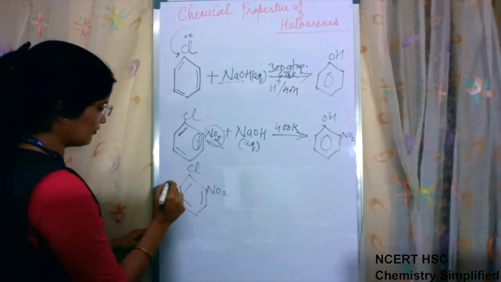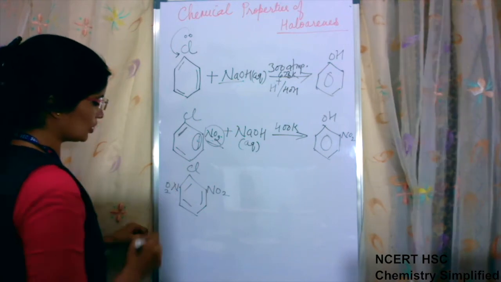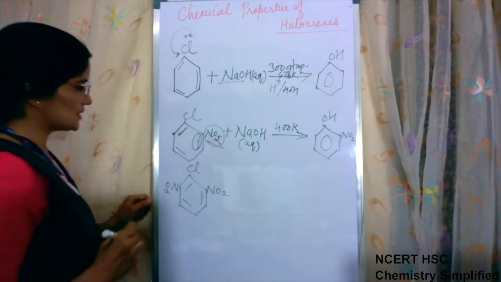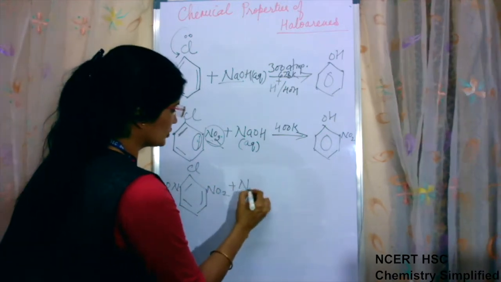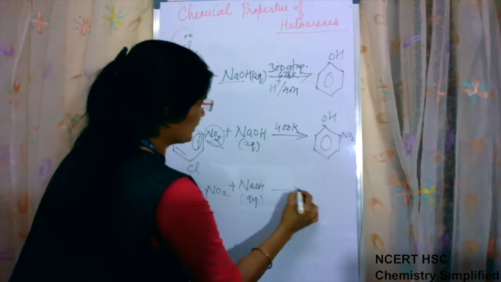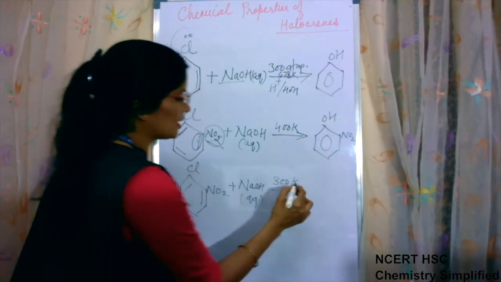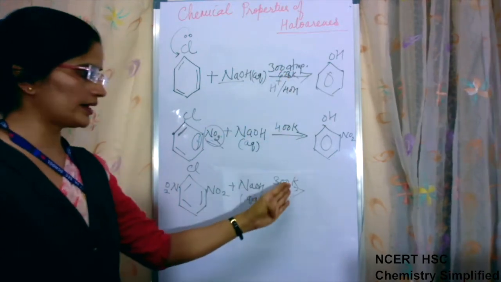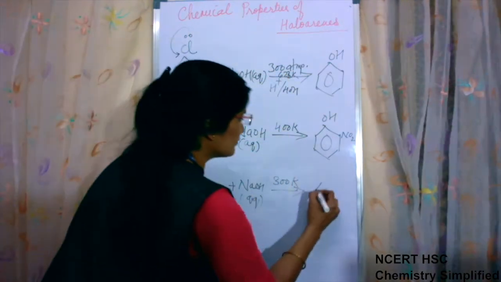Instead of one, if two NO2 groups are present on ortho, one ortho position is this, another ortho position is this, then the same reaction will take place near about at 300 Kelvin only. Previously at 600, now at 400, now at 300.